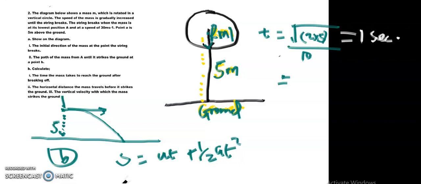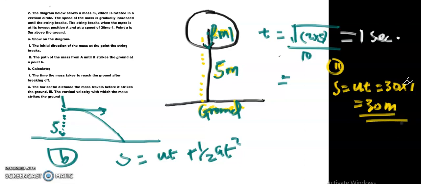So to do that, this is B, we use s equals ut, which is equal to, we have 30 meters per second, because at position A the speed is 30 meters per second. So we are going to say 30 multiplied by 1, which is simply 30 meters. And this is the solution for the second option.